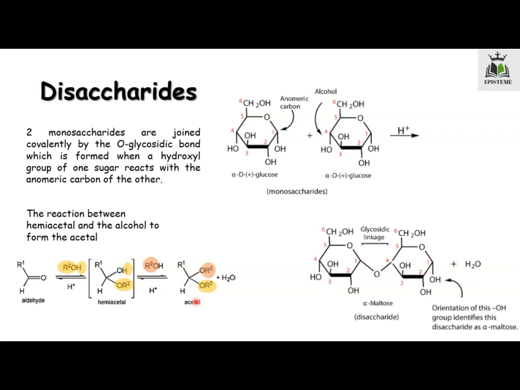The red OR2 is the second sugar, so this is O and R2, this part. This red OR2 is this one. Don't confuse between these two. So this is how alpha maltose is formed.